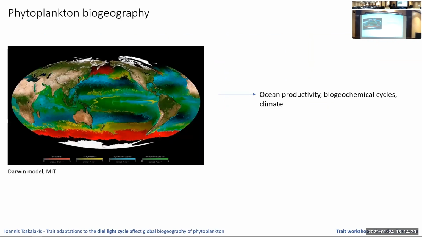And so we are interested in phytoplankton biogeography. This is because, for example, we have some Prochlorococcus or Synechococcus dominated communities in the tropics, but some diatom dominated communities in high latitudes.